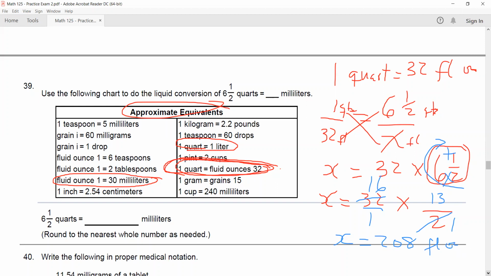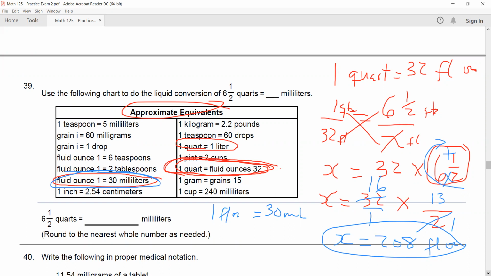Now, this is from quarts to fluid ounce. But I'm not going from quarts to fluid ounce, but from quarts to ml. Since I have this in fluid ounce now, which is equal to 6.5 quarts, I could change the fluid ounce to ml. So let's do that. Now we know that 1 fluid ounce equals 30 ml, right? So I could set up a ratio.